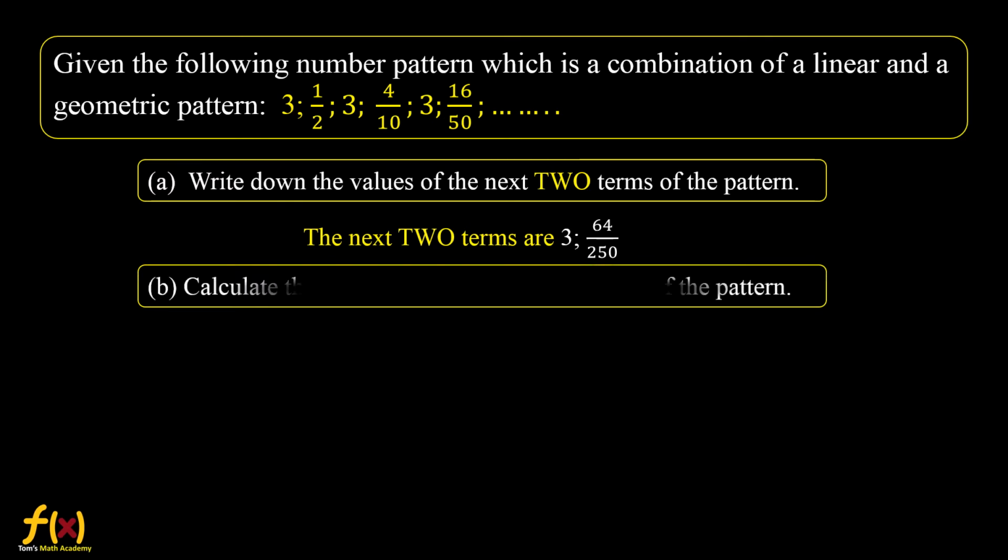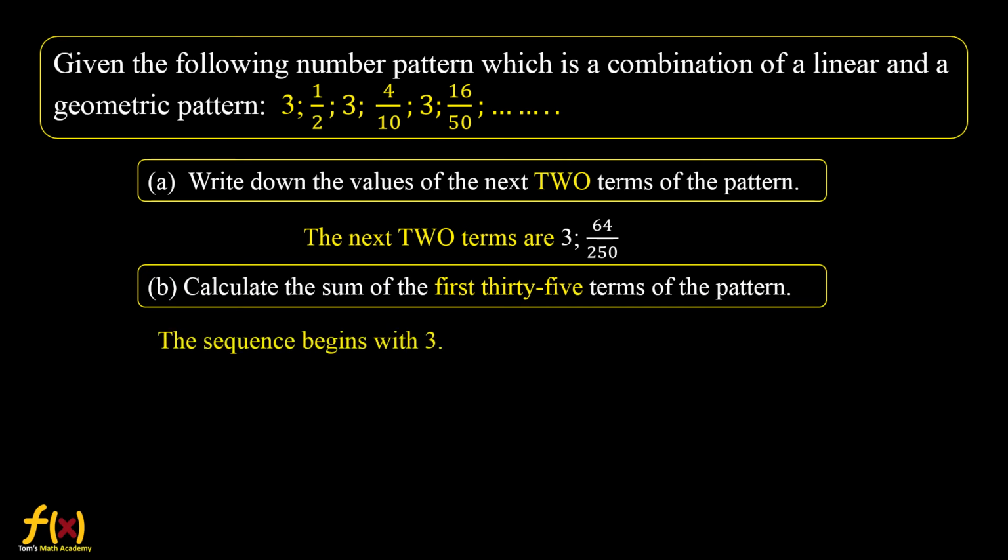Question B. Calculate the sum of the first 35 terms of this pattern. We already know that there is a linear sequence with number 3, and how many numbers can be possible there?